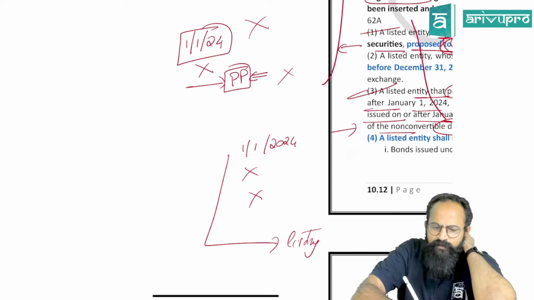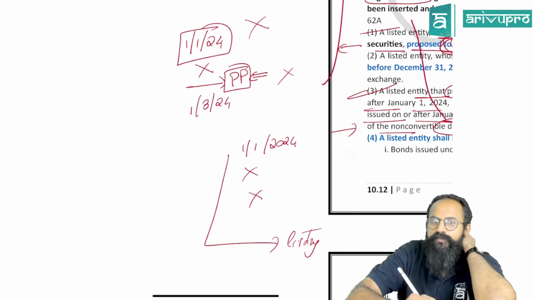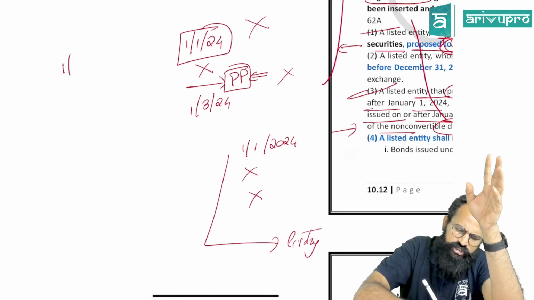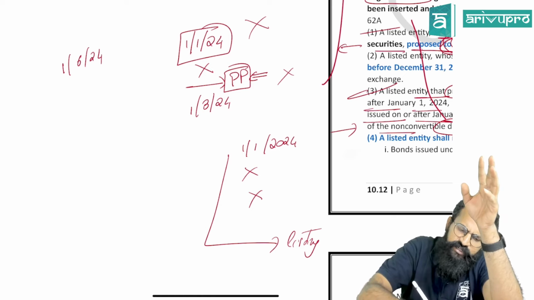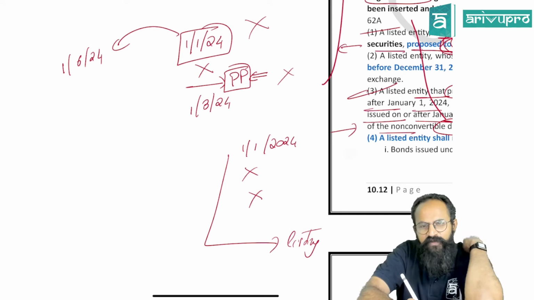The new securities I am deciding to come up with through private placement. Now, when did I come up with private placement? Imagine I did it on 1st March 24. Now, imagine on 1st June 24, I decided to list these old securities, which were already there on 1st Jan 24.